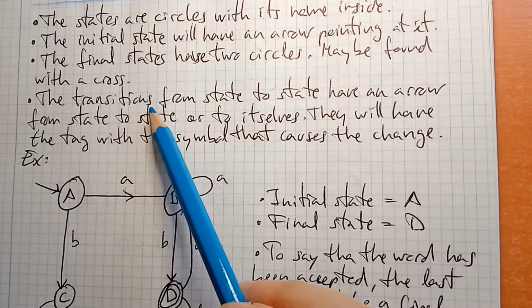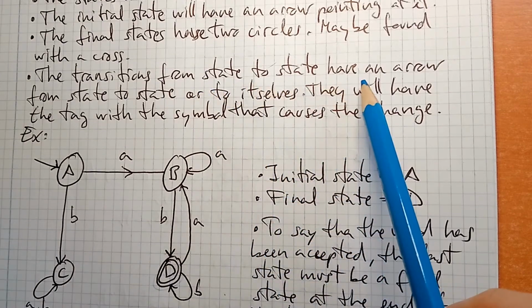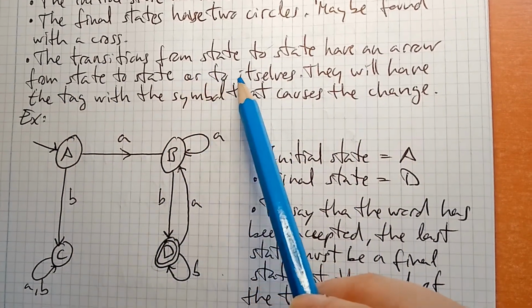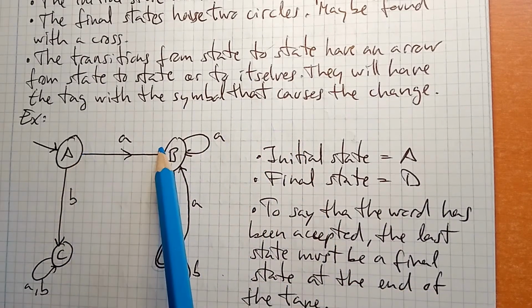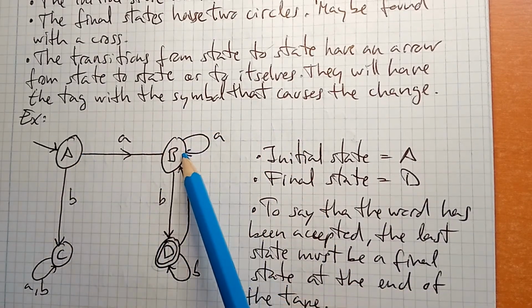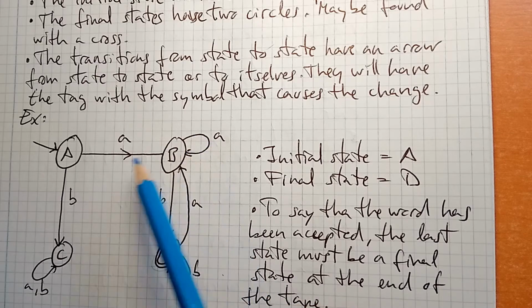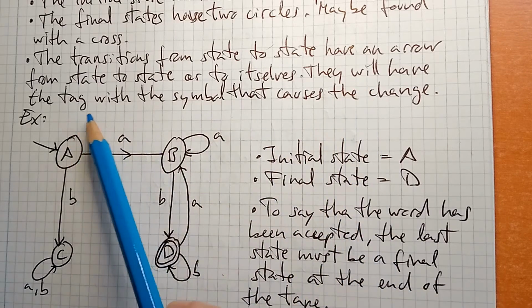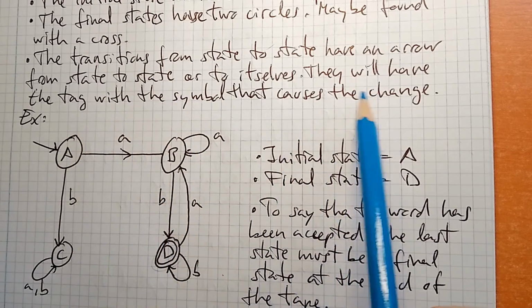The transitions from a state to another state have an arrow from state to state or to itself. These are the transitions from the same state and from state to state. They will have the tag with the symbol that caused the change.